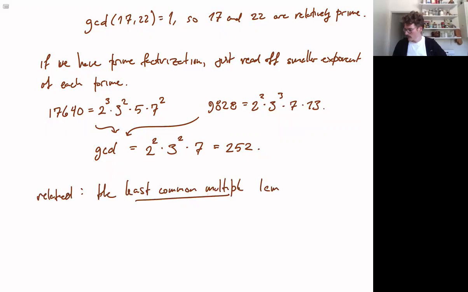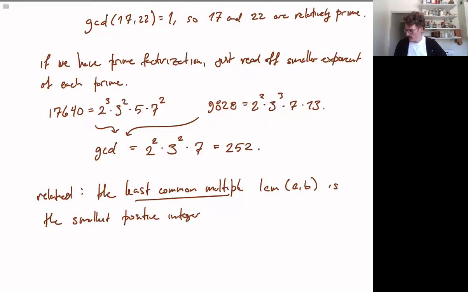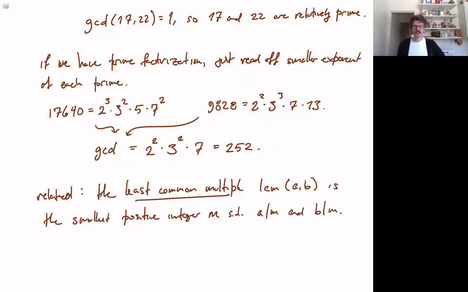The least common multiple of A and B is, again, what it sounds like, the smallest positive integer, let's give it a name, M, such that A divides M and B divides M. So again, it's just the smallest integer that is a multiple of both A and B.